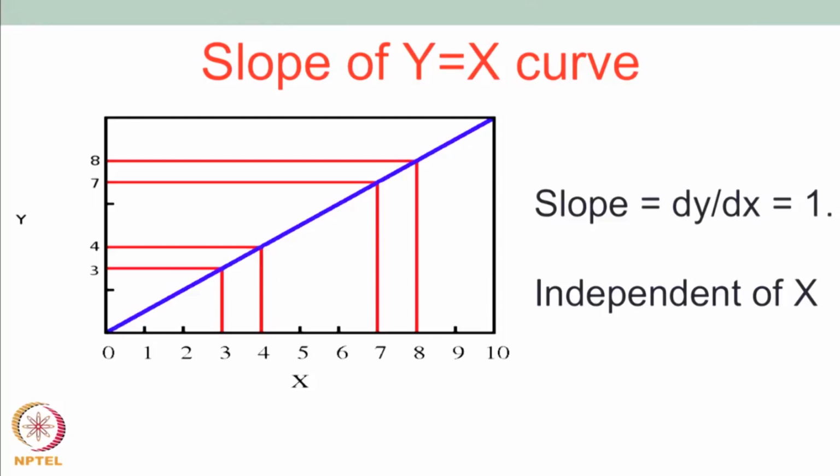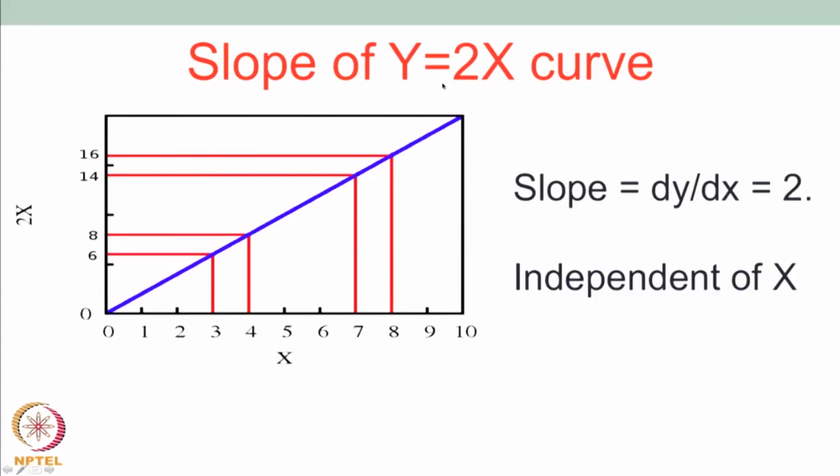So this is the function that we want to consider now, which is y is equal to 2x. So if you look at y is equal to 2x, when x is 3, y is 6. When x is 4, y is 8. So if I take dx as 4 minus 3, which is 1, and dy as 8 minus 6, which is 2, then 2 divided by 1 is 2.